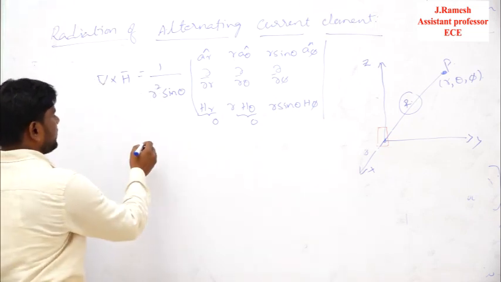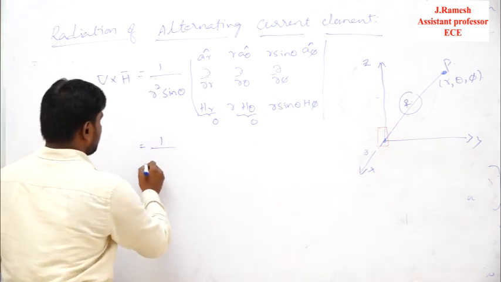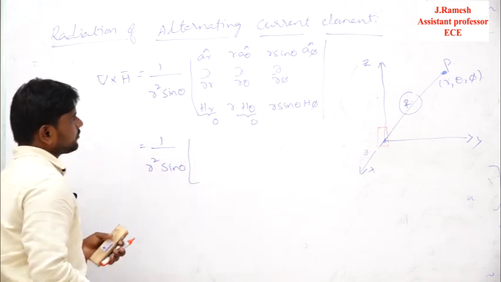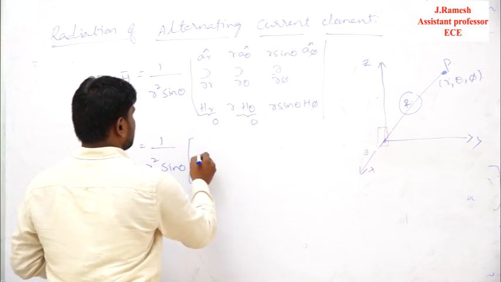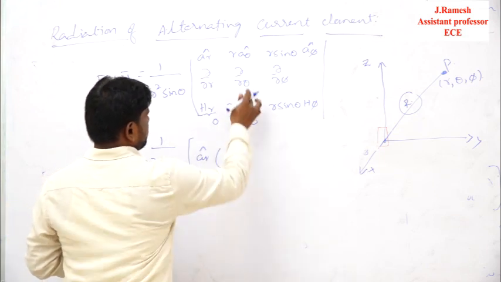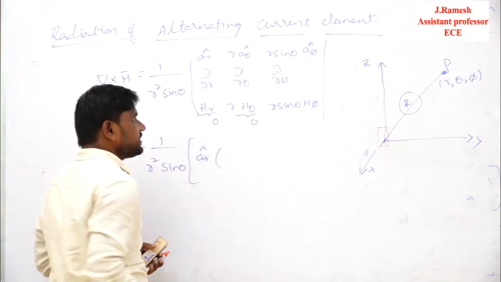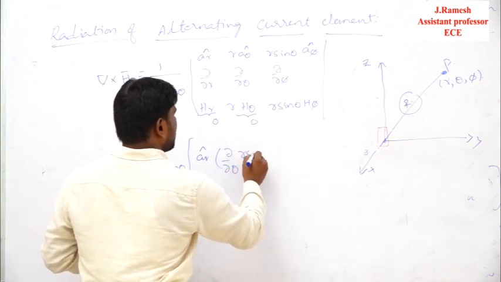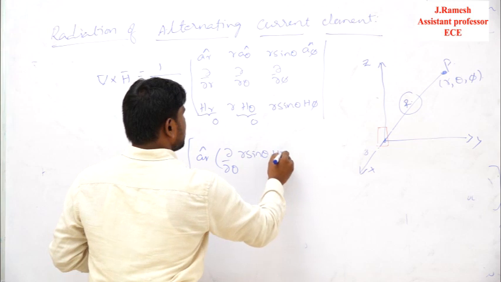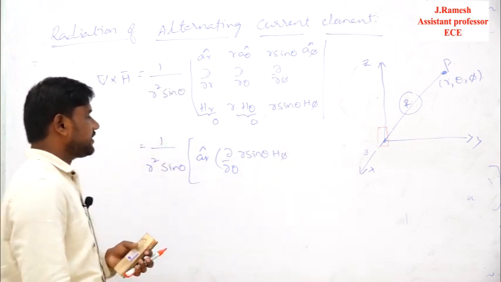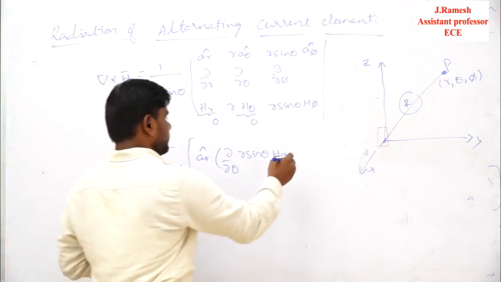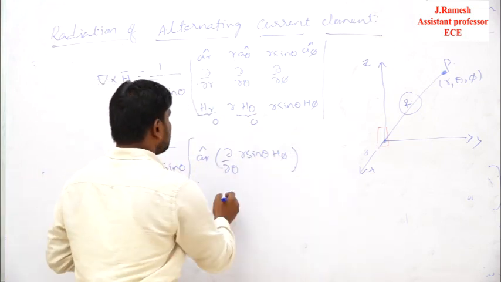So now here I am simply taking 1 by r square sin theta into, if I take the a r component, it should be multiplied with AD minus BC. So here dou by dou theta into r sin theta into h phi minus, this is already 0, so no need of taking again. Then what is the second term?